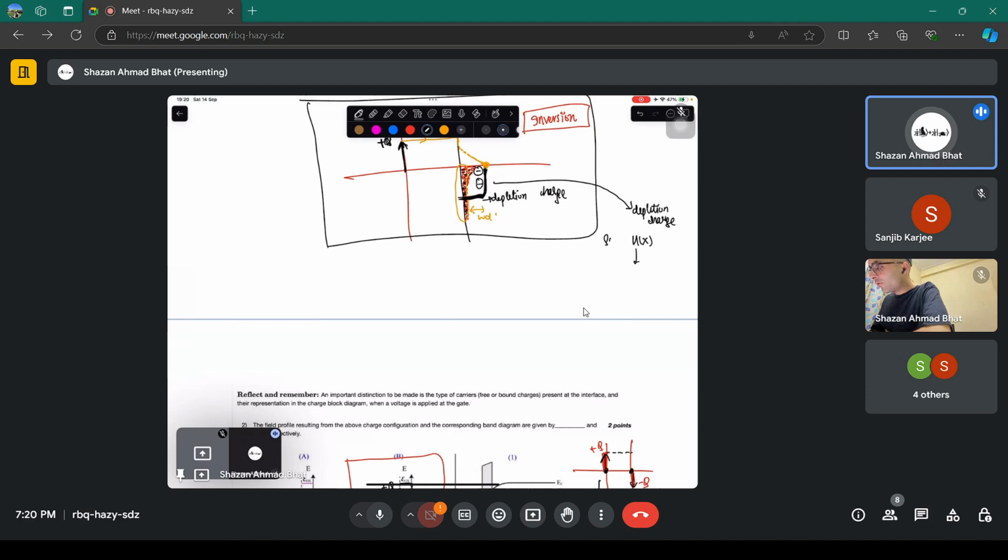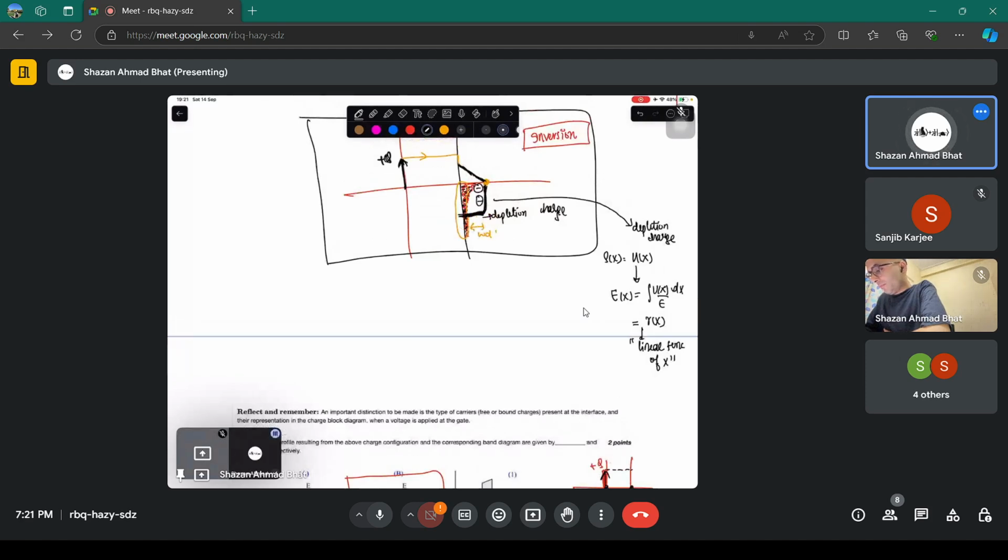Then this is rho of x. To compute the electric field, you have to integrate it. The integral of a unit step function gives you a ramp function, which is a linear function of x. As simple as that. So it again boils down to the same basic electrostatics used in p-n junctions.